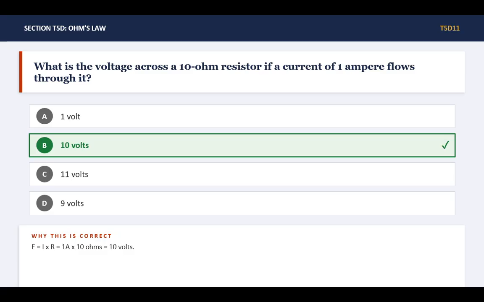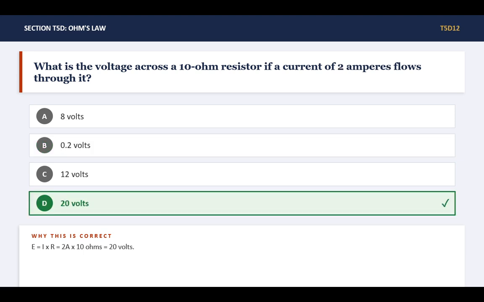B, 10 volts. E equals I times R equals 1 amp times 10 ohms equals 10 volts. What is the voltage across a 10 ohm resistor if a current of 2 amperes flows through it? D, 20 volts. E equals I times R equals 2 amps times 10 ohms equals 20 volts.